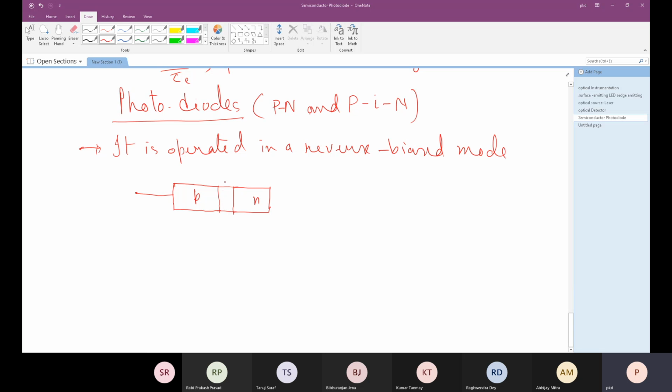This is the depletion zone. Most of the photons are absorbed in this zone. And this portion is high resistive. This is lightly doped and high resistive zone.